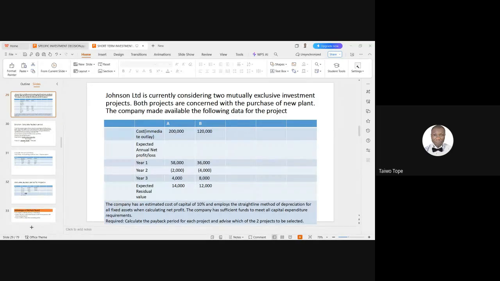So I will say project A is preferable to project B. However, the acceptability and the selection of project A will depend on the management targeted payback period.